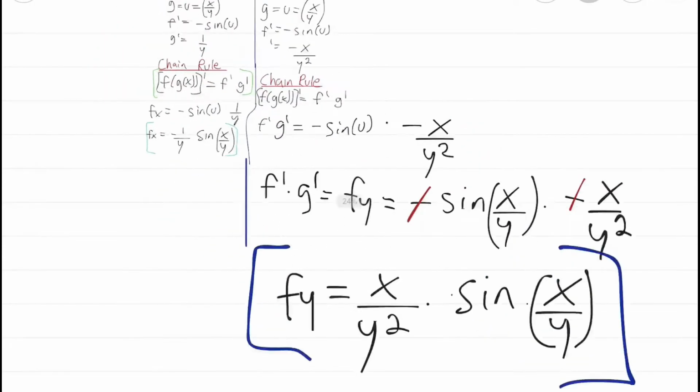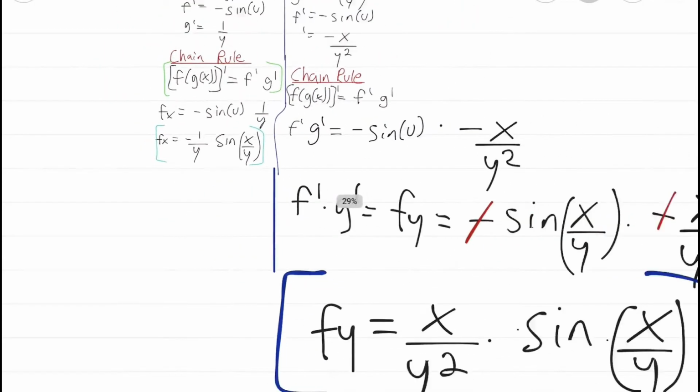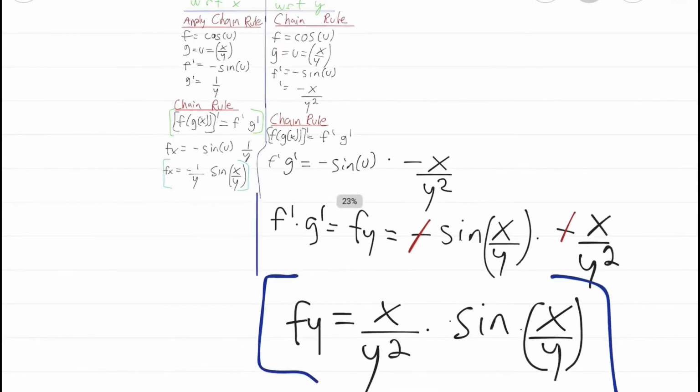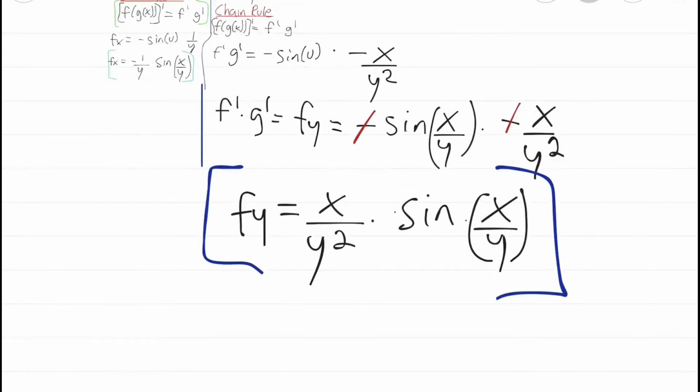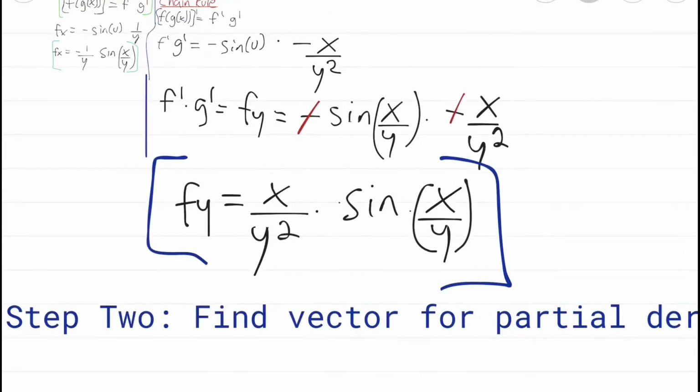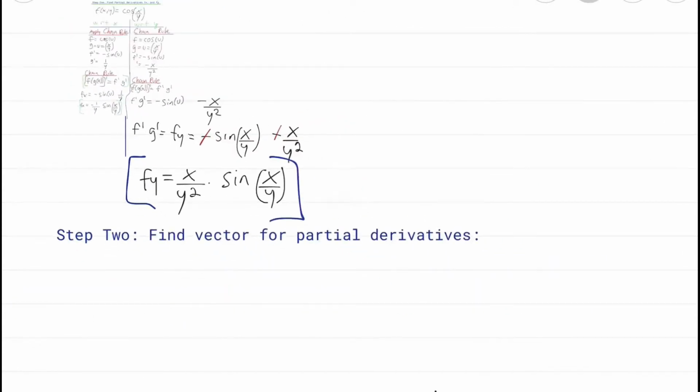Now that we have our partial x and partial y, which was honestly a lot more difficult to compute than most problems, the next step, step 2, is to find a vector for these partial derivatives.